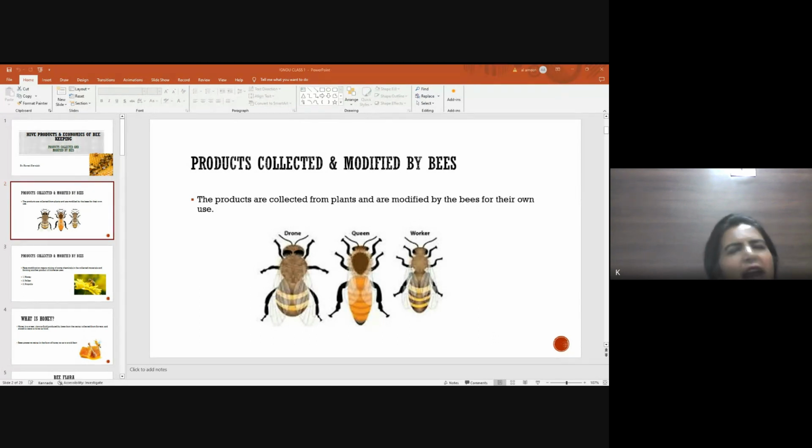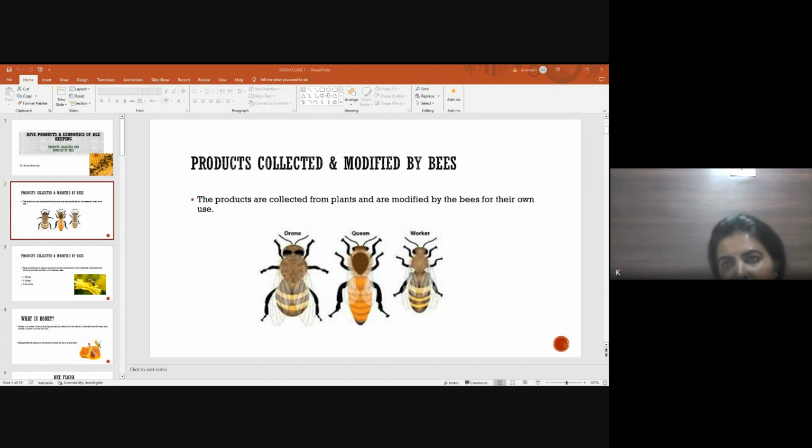What they do is they have different functions. Even the queen is either kept alive and fed for a longer period, or killed, and that is also controlled by the worker bees. So they are the ones who run the show. Worker bees have different functions depending on their age.